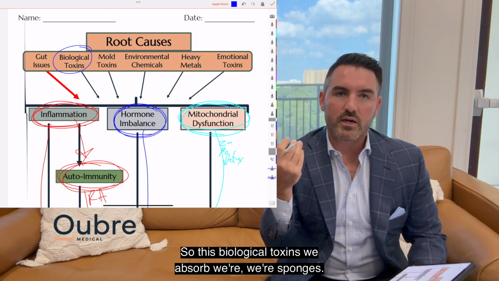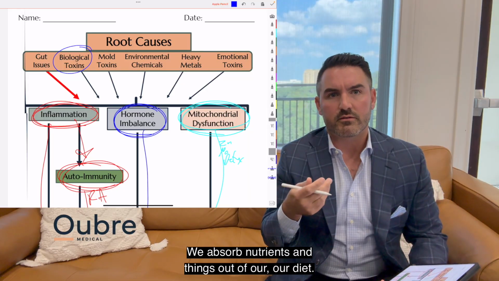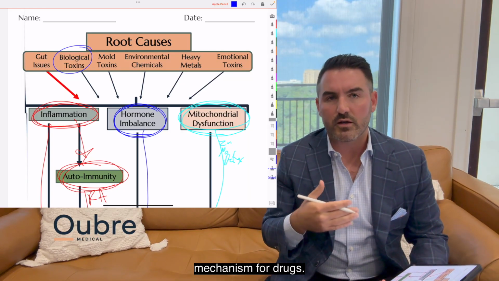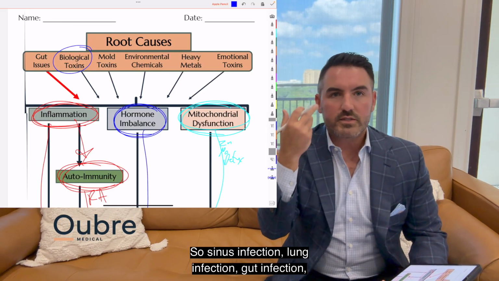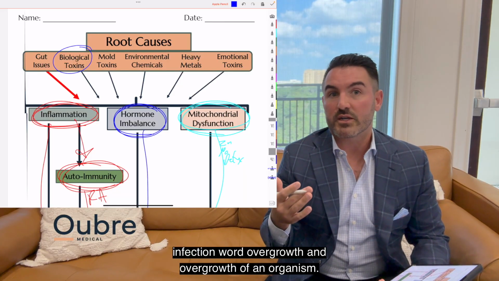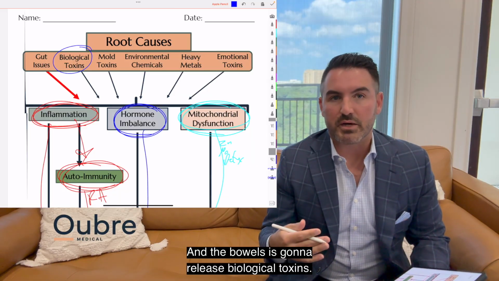So those biological toxins we absorb, we're sponges. We absorb nutrients and things out of our diet. We absorb nutrients and drugs out of our nose, which is why it's a delivery mechanism for drugs. So you're going to absorb toxins from that biological organism. Sinus infection, lung infection, gut infection, wherever it may be, and I shouldn't even just use the infection word, overgrowth. And overgrowth of an organism in the bowels is going to release biological toxins.